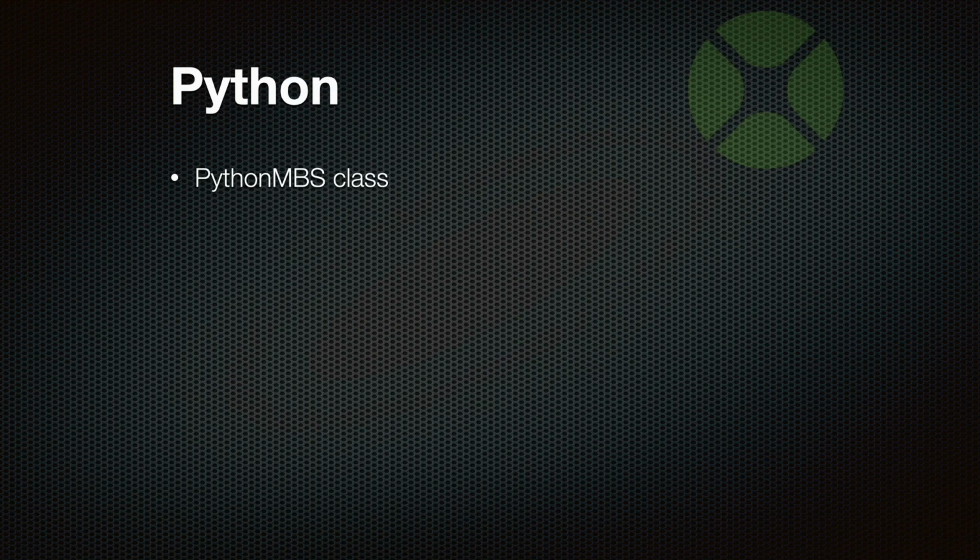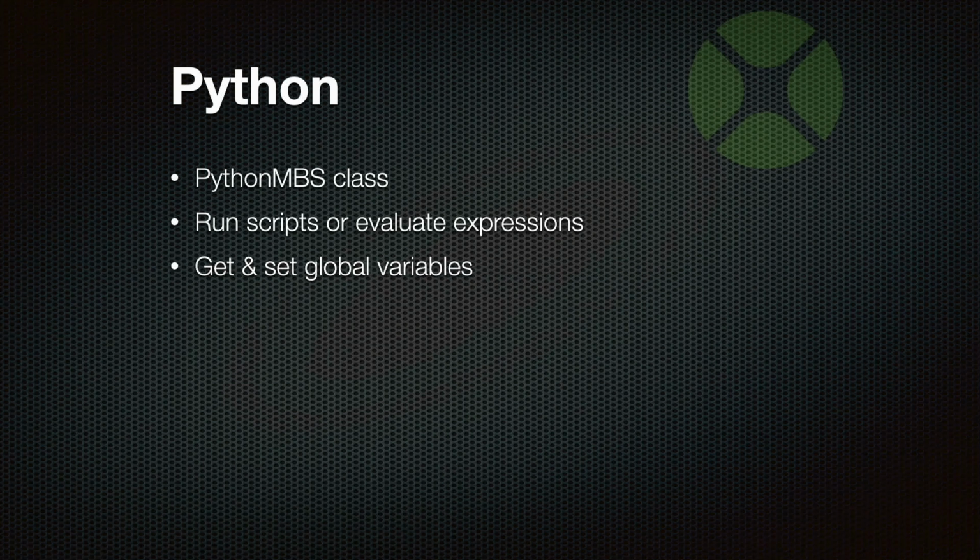You can also evaluate expressions. And because it's the same process, you can directly read and write the global variables in Python and transfer data within the application. And that may be faster than running them externally with the shell class. You can also call back from Python to your Xojo code by defining custom functions for Python.